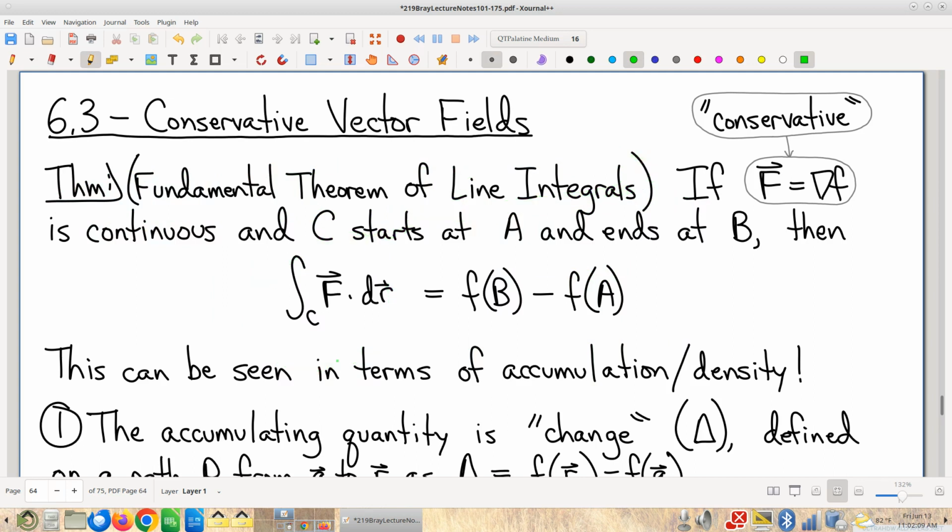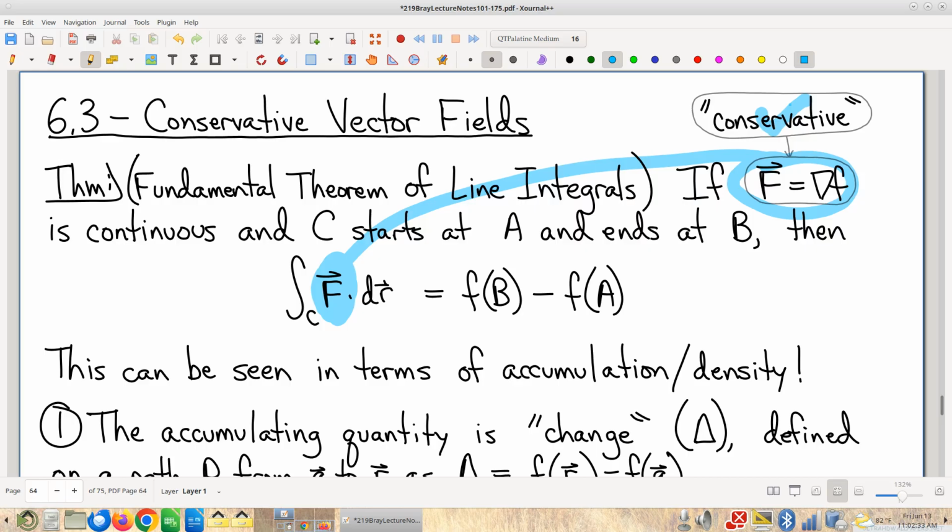So, the big idea is that if your vector field is a gradient. And by the way, they like the term conservative. We've talked about that before, I think. To me, the more natural word is gradient, because it's a gradient. I don't know why we need another word there.